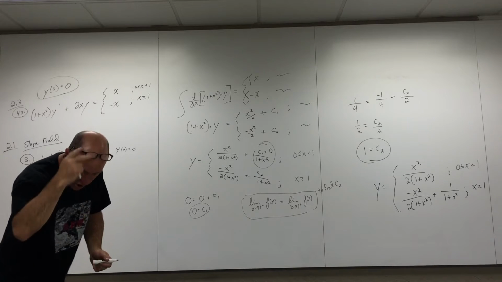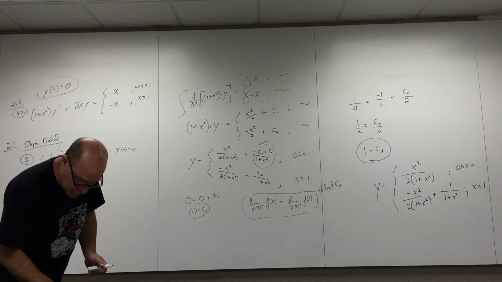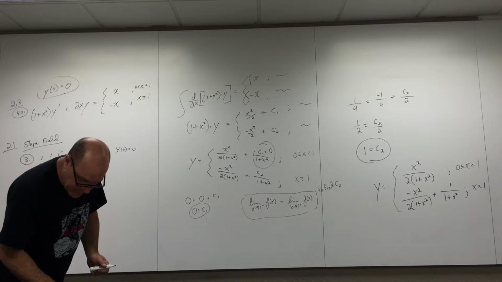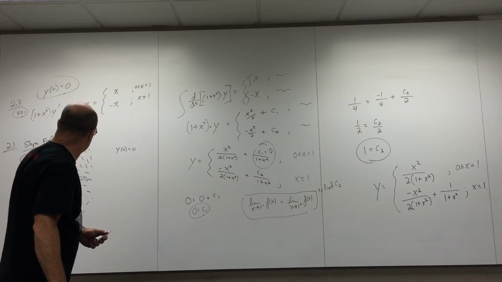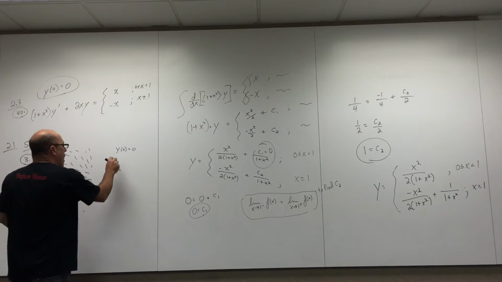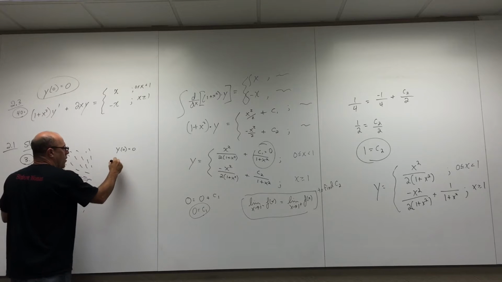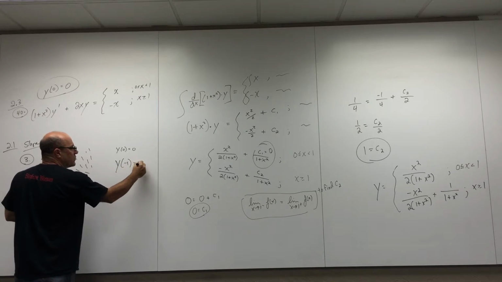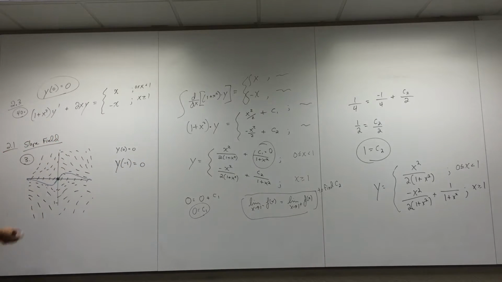Let me just try another one. Look, on this same slope field, here's another one: y of -1 equals 0. Let's try that. So that's a different starting point. It's not that far over. It's right here.